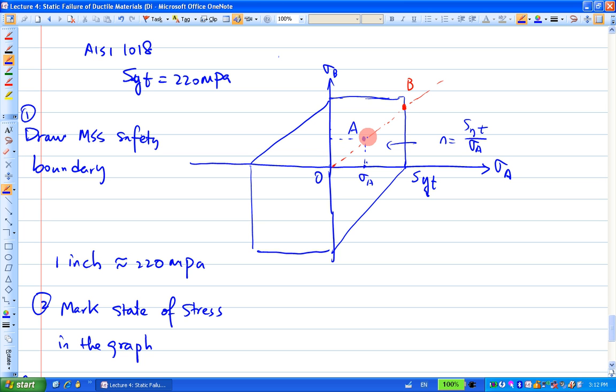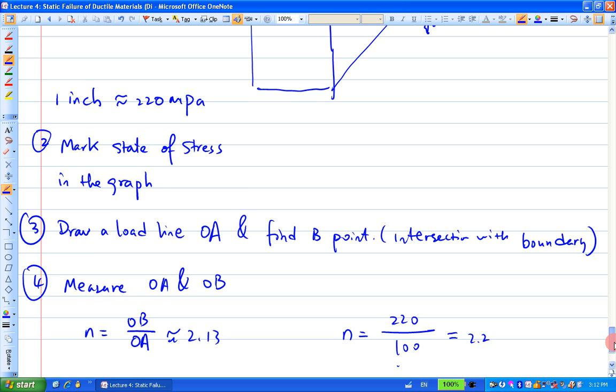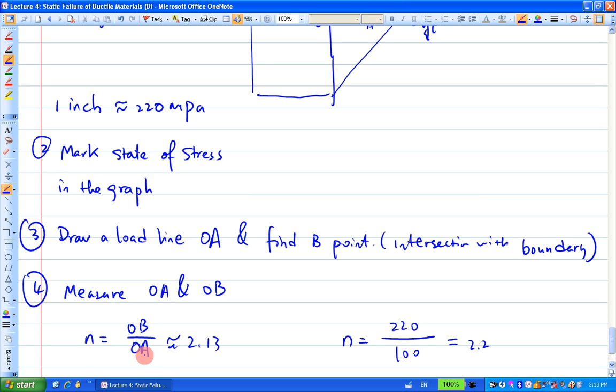OB over OA equals this divided by this, which means OB over OA equals SYT divided by sigma A. So that basically validates that the safety factor N equals OB over OA. Is that good?